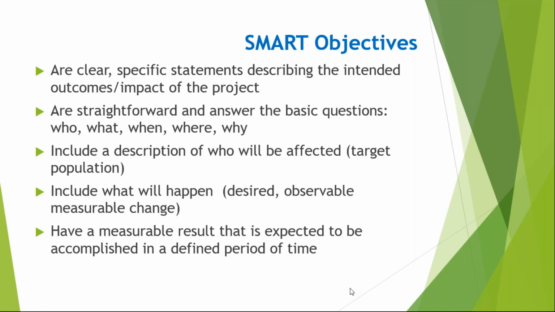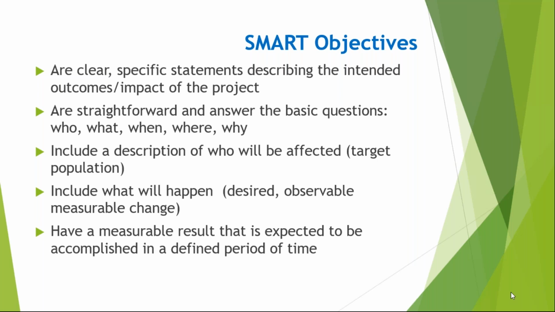So I really don't want to read, but I will kind of read this. SMART objectives are clear, specific statements describing the intended outcome impact of the project. They're straightforward, and they answer the basic questions of who, what, when, where, why. And sometimes there's kind of a combination of that.